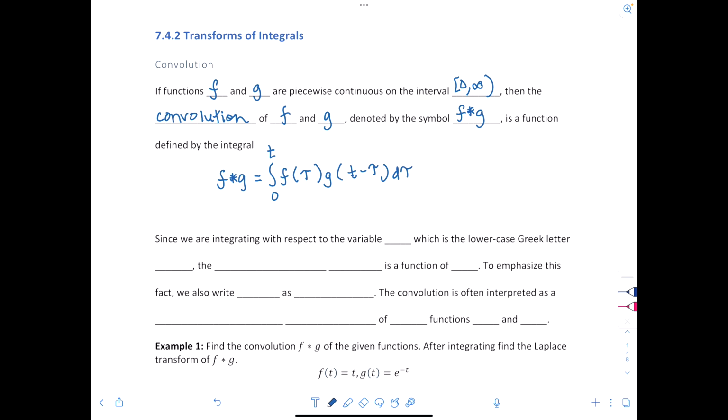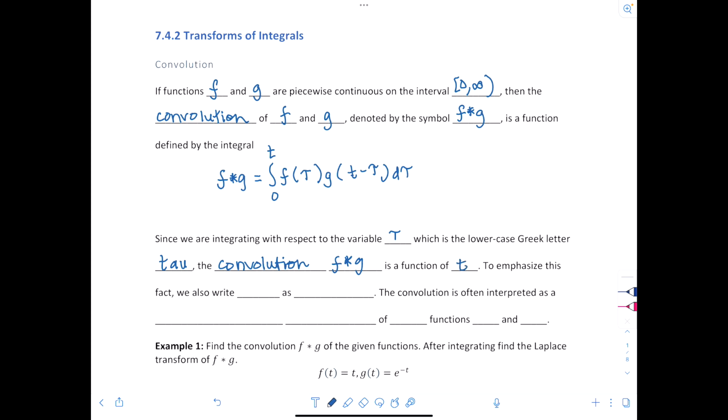Since we are integrating with respect to the variable tau, which is the lowercase Greek letter spelled T-A-U, the convolution of f and g is a function of time, of t.